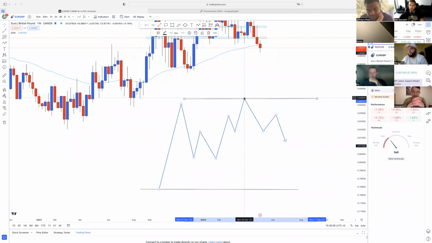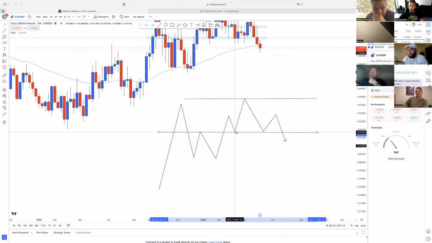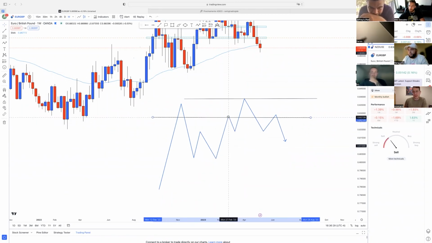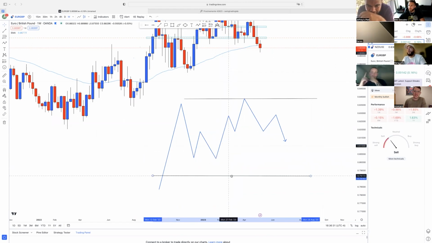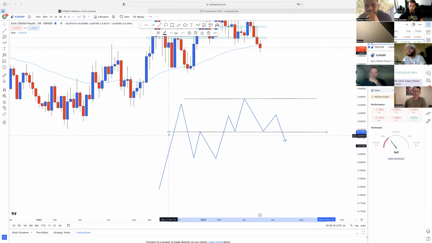So if we have a higher high, what do we have? Exactly, higher low. So where does the higher low point go? Point 1, 2, or 3? Exactly. So it goes at point 2.